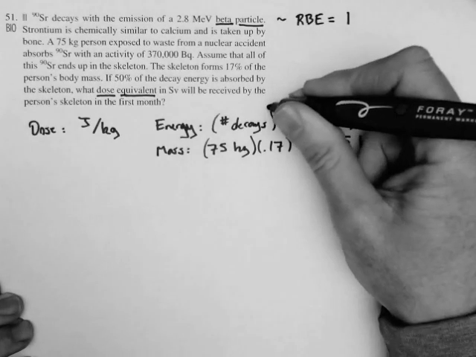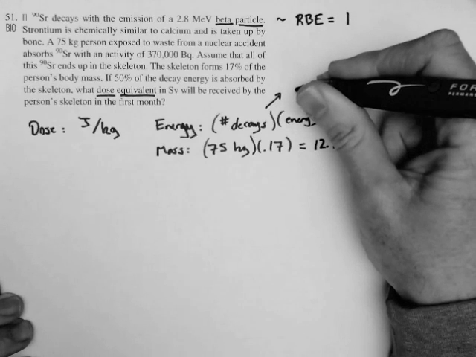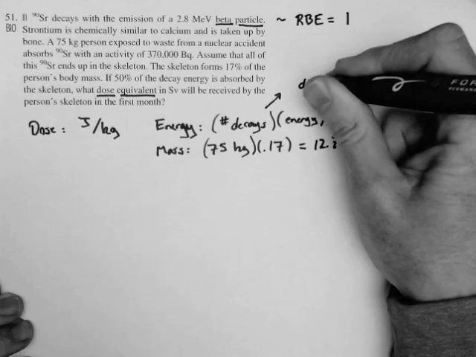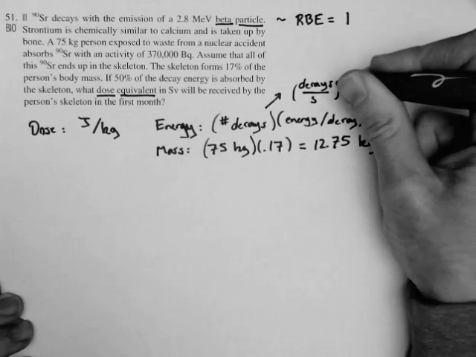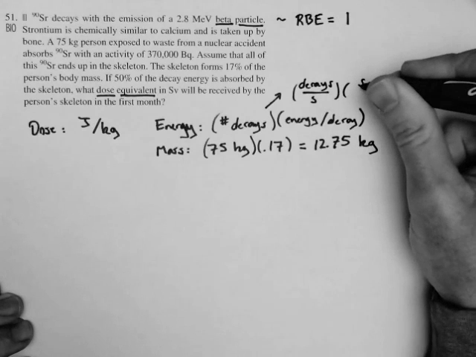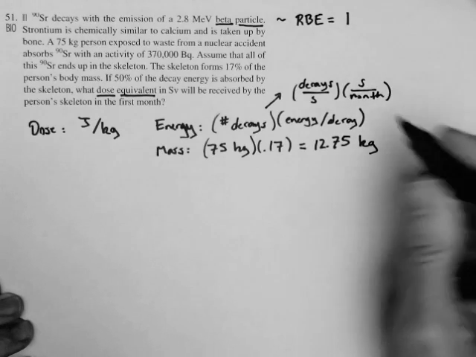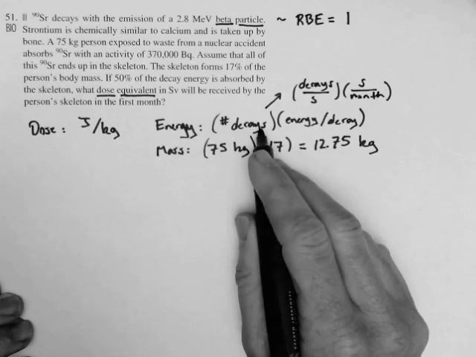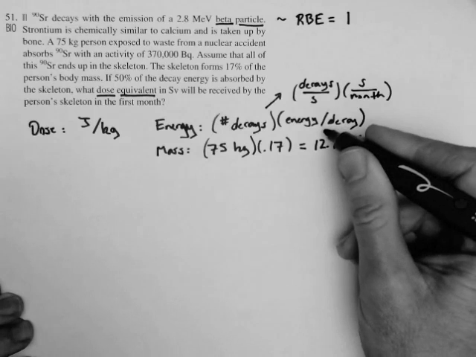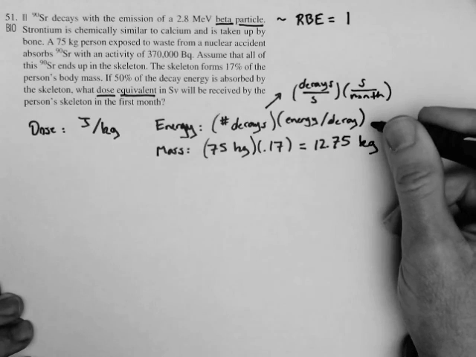Now, the number of decays is just going to be equal to the activity, because the activity is the decays per second, and I'm going to multiply that by the number of seconds in a month. And so if we do that, that's going to be the number of decays in the first month, and we're going to multiply that by the energy per decay, and we're going to get an energy value.